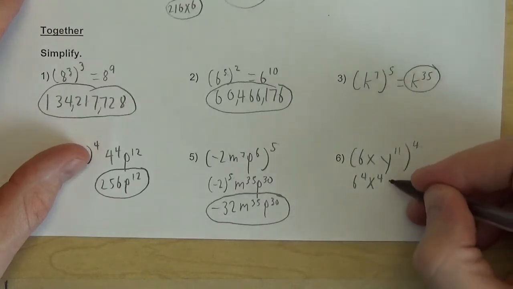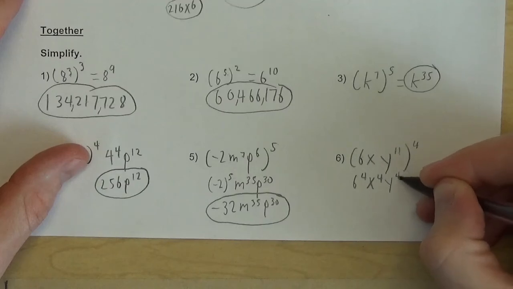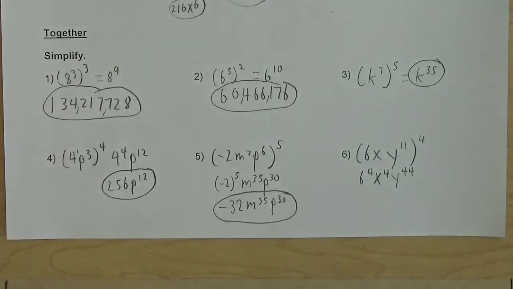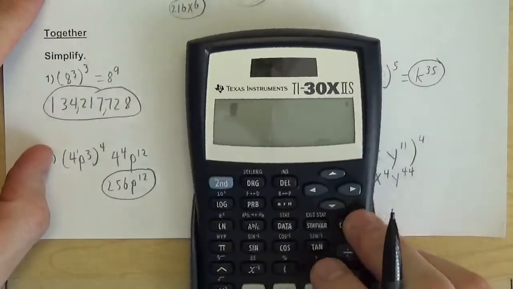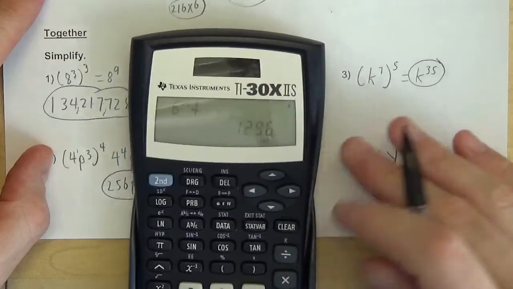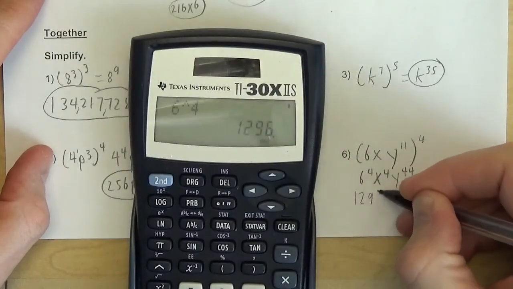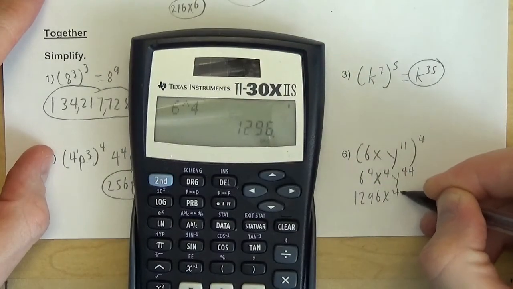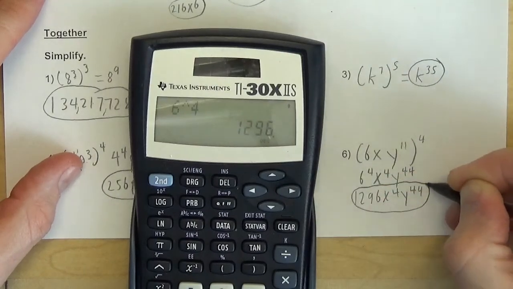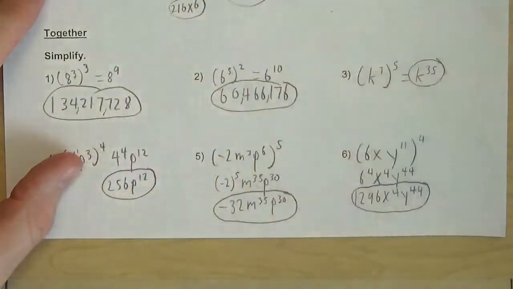We learned today we multiply those, so y to the 44th. Now we just need to get 6 to the 4th. We've done 6 to the 3rd today. I don't think we've done 6 to the 4th. You have 1296. x to the 4th, y to the 44th. They stay with exponents because they're variables. So that's your final answer on that one.